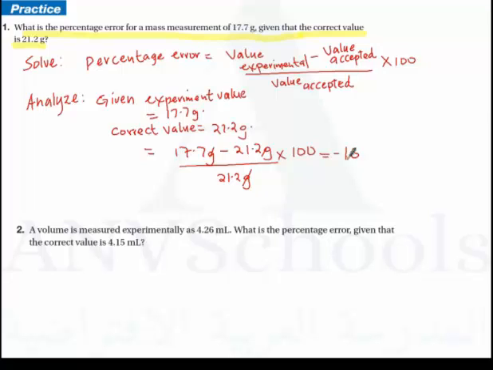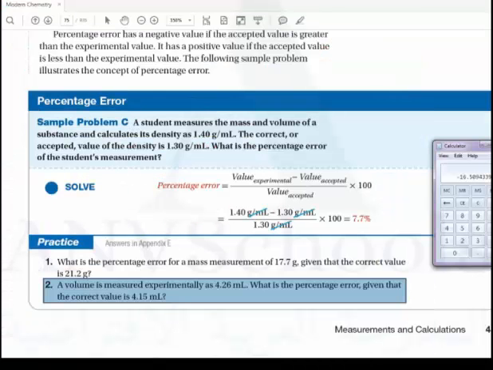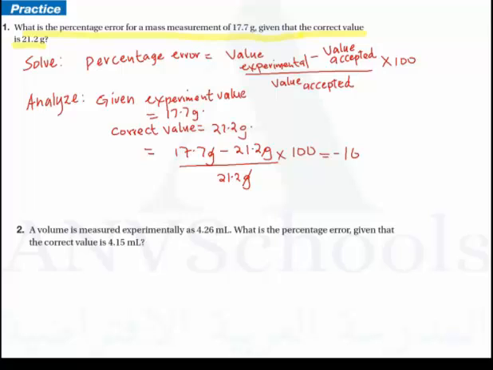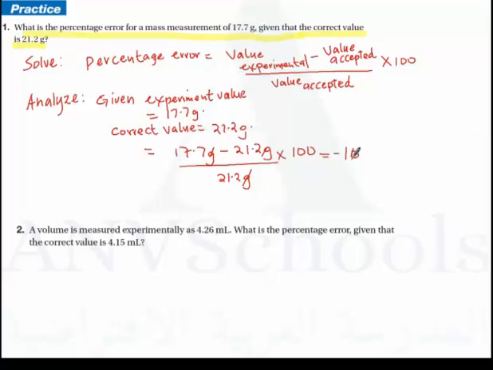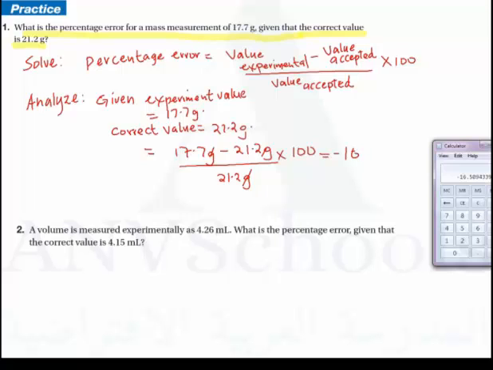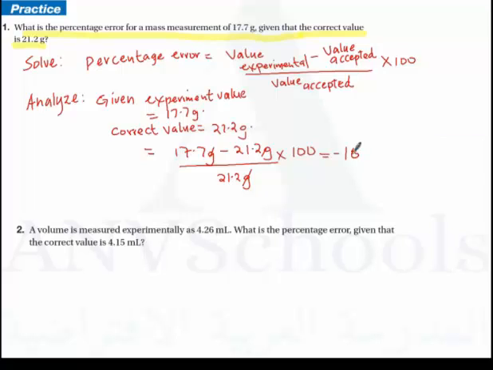We have three significant figures here, so our answer should be around there: negative 16.5%. So our percentage error here is negative 16.5.